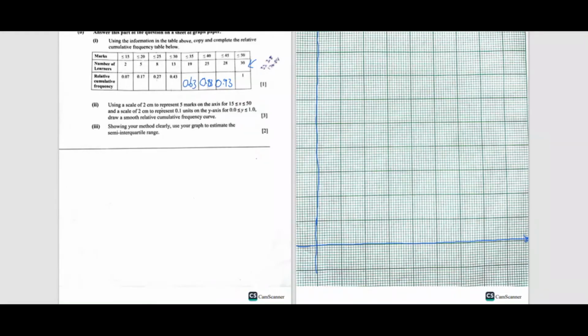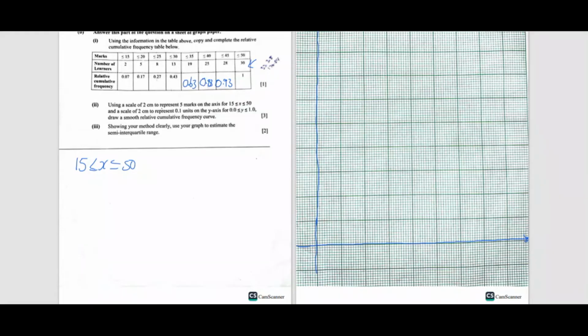From the x-axis we can see that the range that was given is 15 less than or equal to x less than or equal to 50. We are adding 5 marks since we are told 2 centimeters represent 5 units.